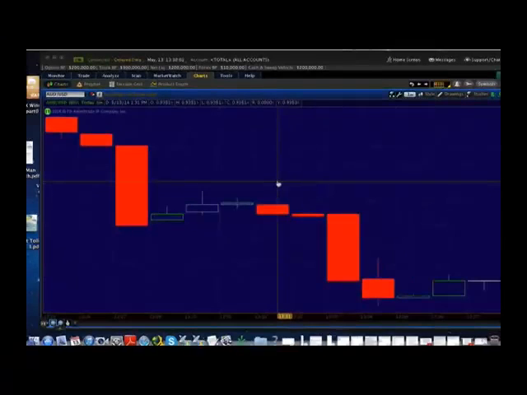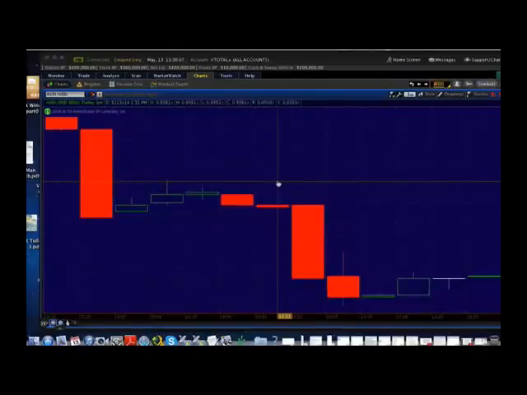Now, the 3rd pillar is discipline. Discipline is following your own rules. Following the rules of your strategy. Following the masters, let's say. Following the leaders. Discipline. When you know you're not supposed to take a trade, don't take the trade.